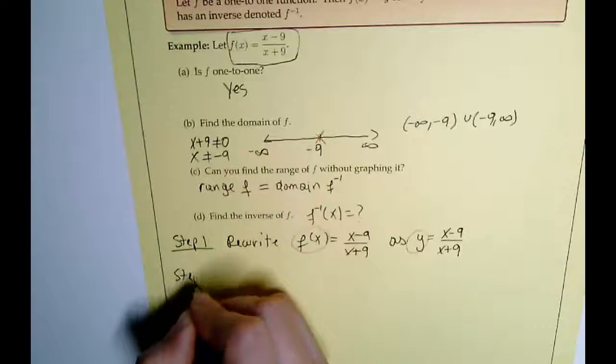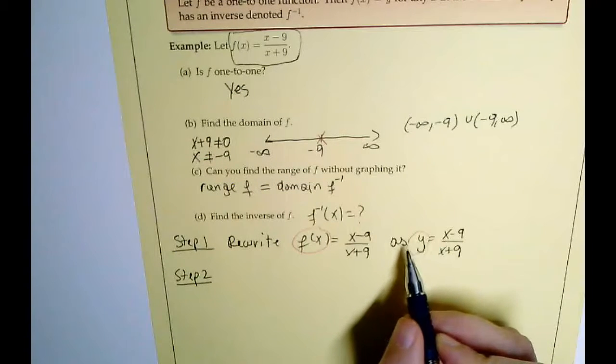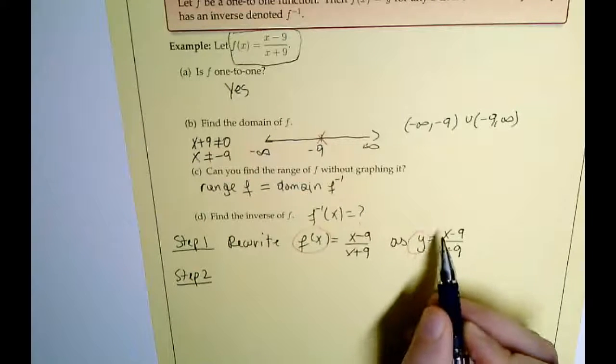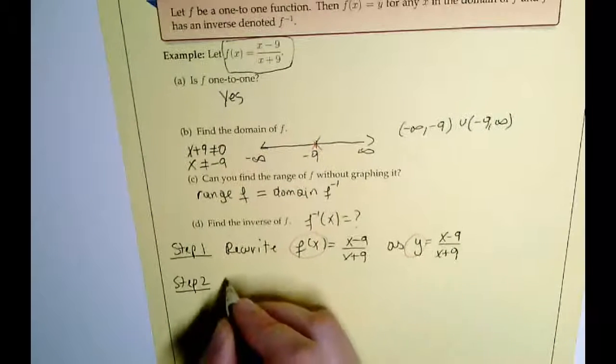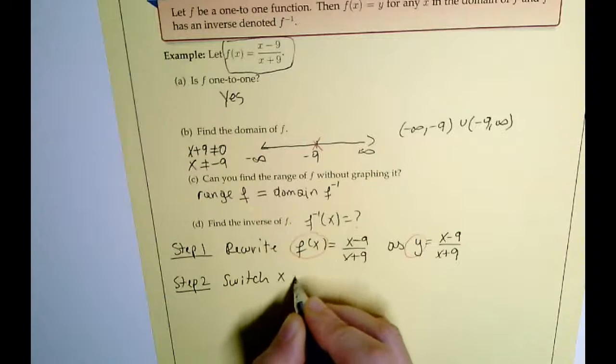Step 2 is, we know that the inverse and the function switch domain and range, so they switch input and output. So basically I have to switch x and y.